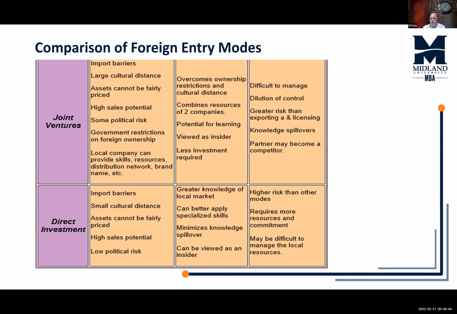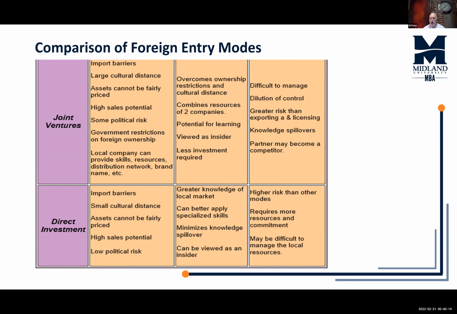There may as well be some loss of knowledge, and there's a possibility, similar to the licensee, that the partner could become your competitor. When we look at direct investment, which is the greatest amount of risk in these four foreign entry modes, what are some items that would lend themselves to foreign direct investment?